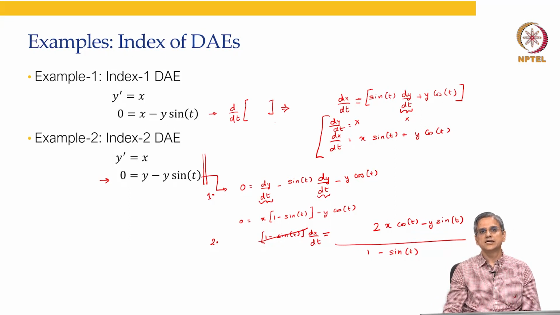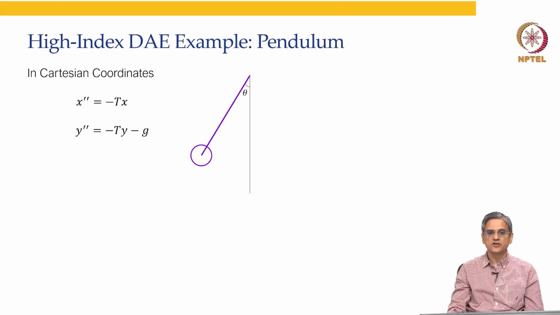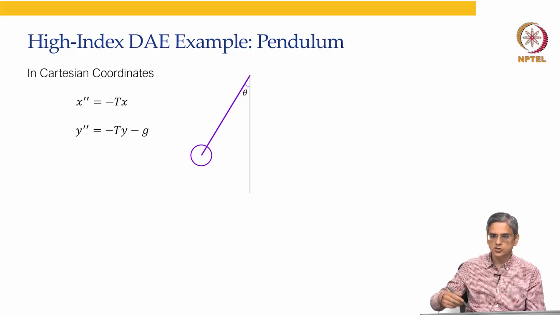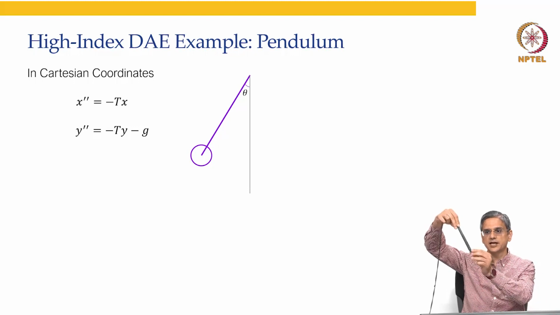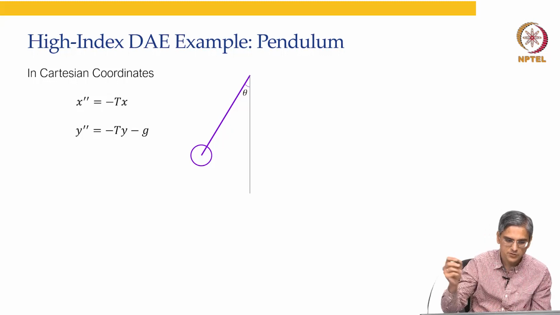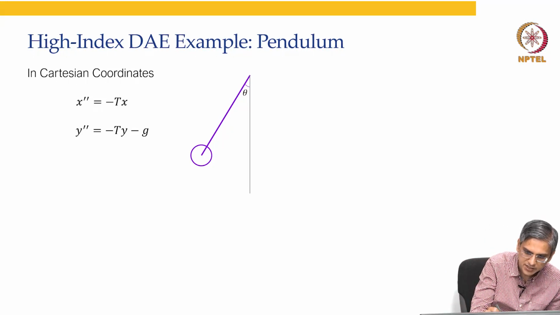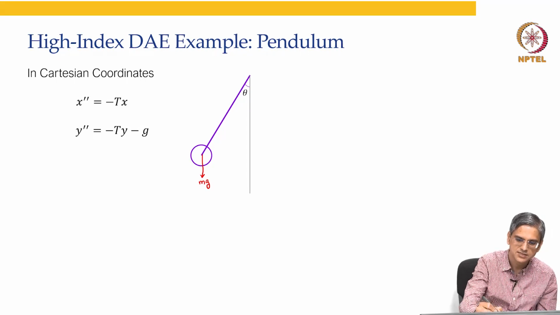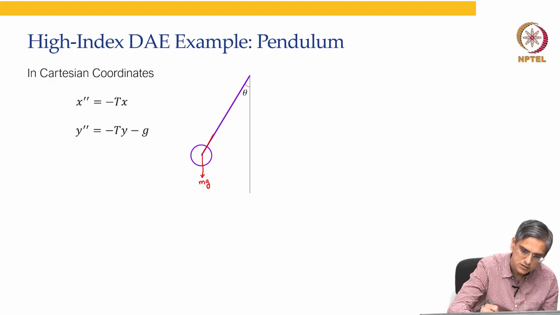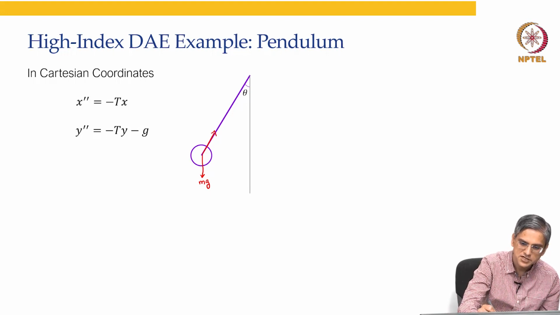Okay. Now, let us take one more example. This example is of a pendulum. So, we have this pendulum, and that pendulum is swinging, and at any point of time we are doing a force balance on this pendulum. So, what we have is gravity acting in this direction, there is a tension.